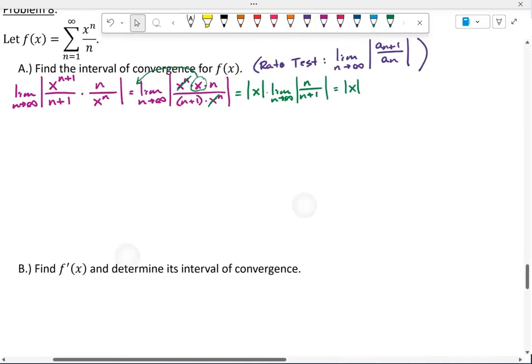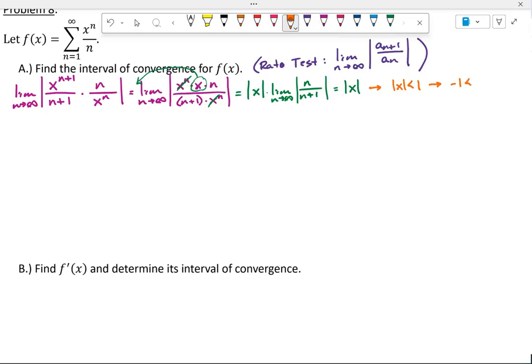Now, for this to converge for the ratio test, what must that be? Less than 1. So we go ahead and say the absolute value of x is less than 1, which then makes negative 1 less than x less than 1. So that means our radius of convergence is 1, and our center is 0.